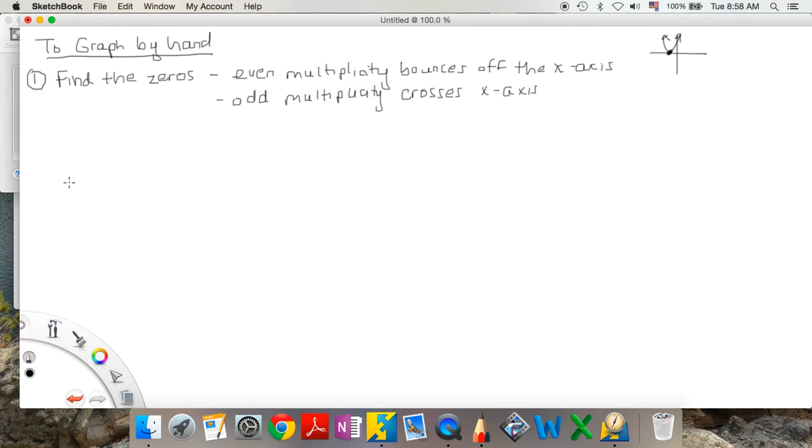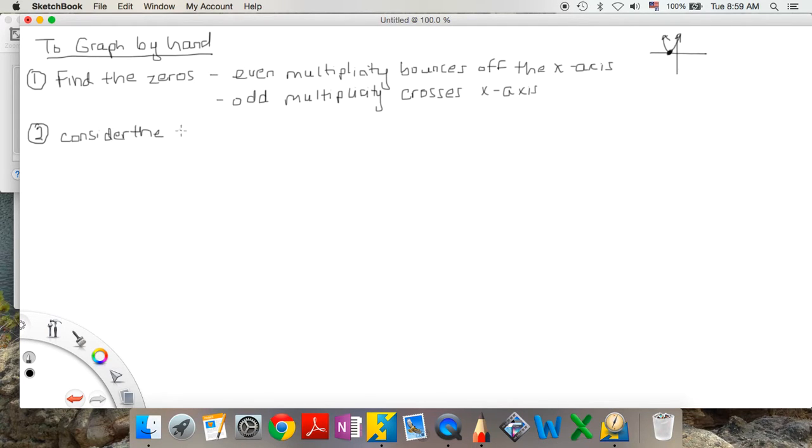So first you find your zeros using synthetic division, factoring, quadratic formula, all those kind of things until you have all your zeros. Now remember that imaginary zeros, you're not going to graph those because we're graphing things in the real plane right now. So we have our zeros, you plot those, and then you figure out the tails.